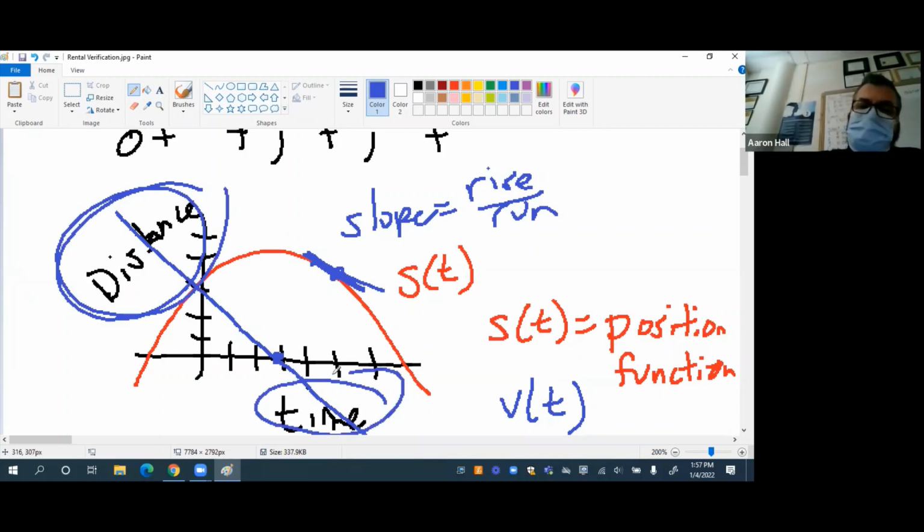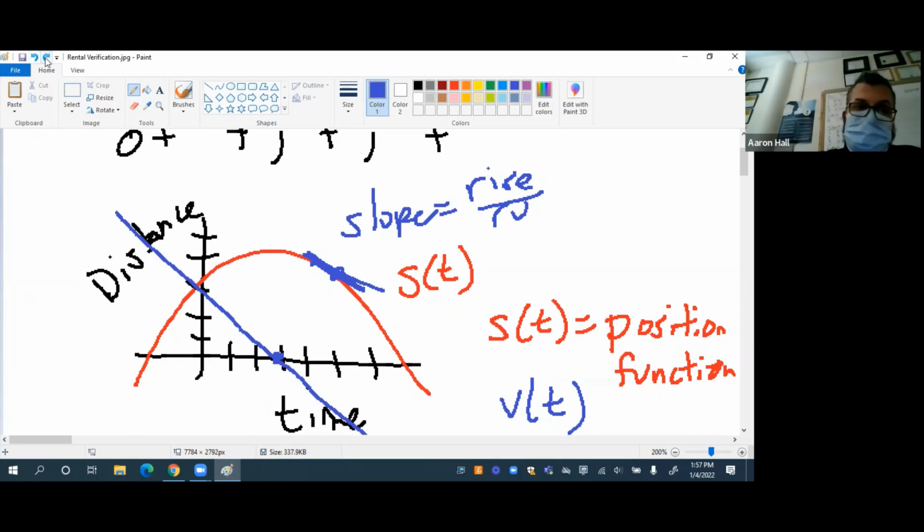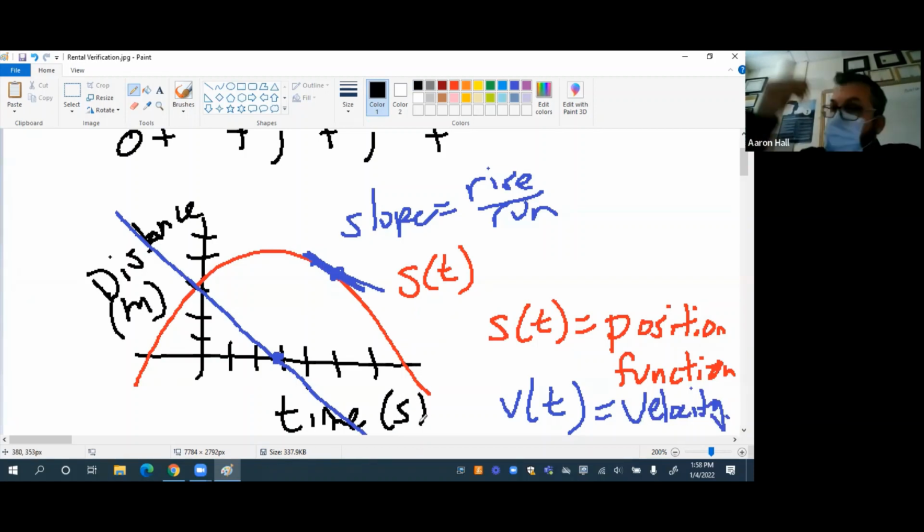Distance, and the run is time. Distance over time is what? It's velocity. So this should give us our velocity. We'll say distance is in meters and time is in seconds, so meters per second is a type of velocity.